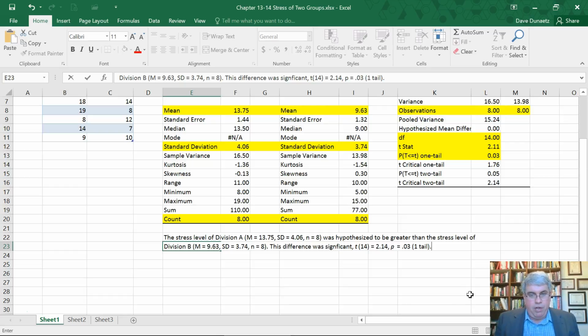And there we have reported all the important data and our hypothesis, and whether our hypothesis was supported. And so this is how we do a two-sample t-test in Excel.